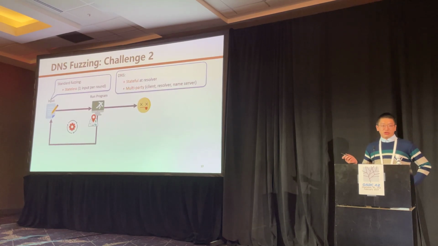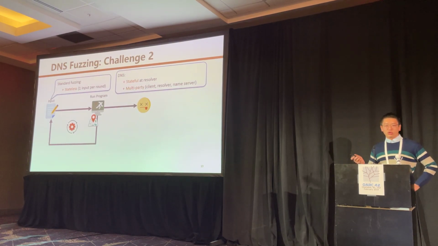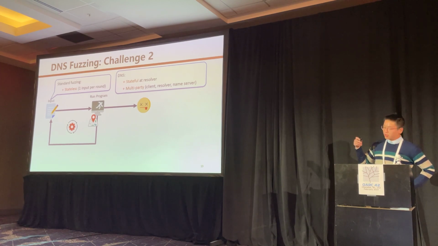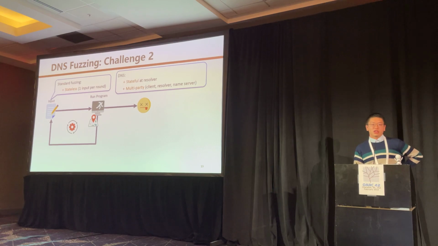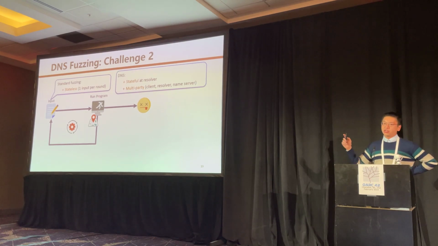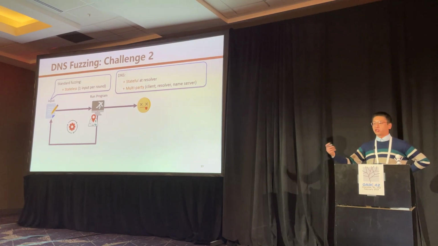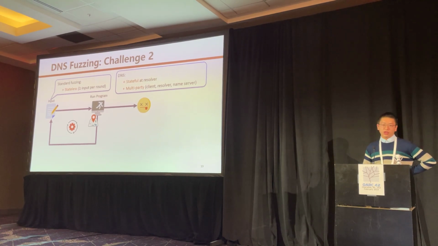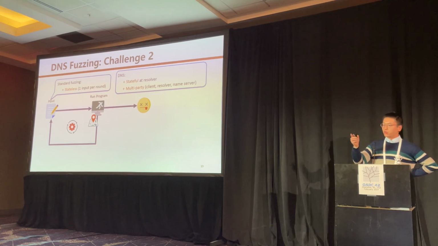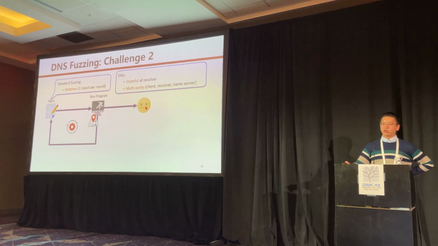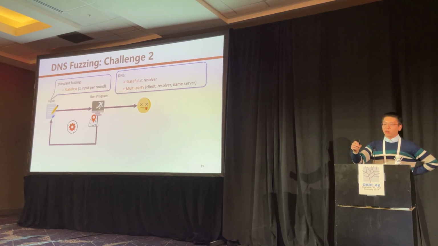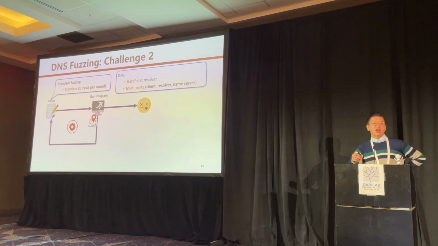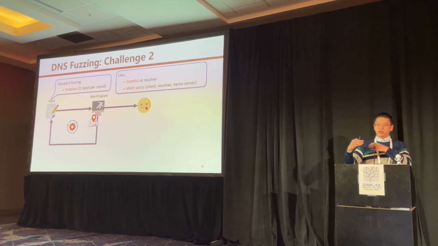So the second challenge is how we should implement stateful fuzzing. Because standard fuzzing has one input, and when it is executed, it's gone, it's completed. But DNS is stateful: if you query one thing and there are some responses back, and there is something in the cache, and then another one comes in, there is another cache, so they interfere with each other.